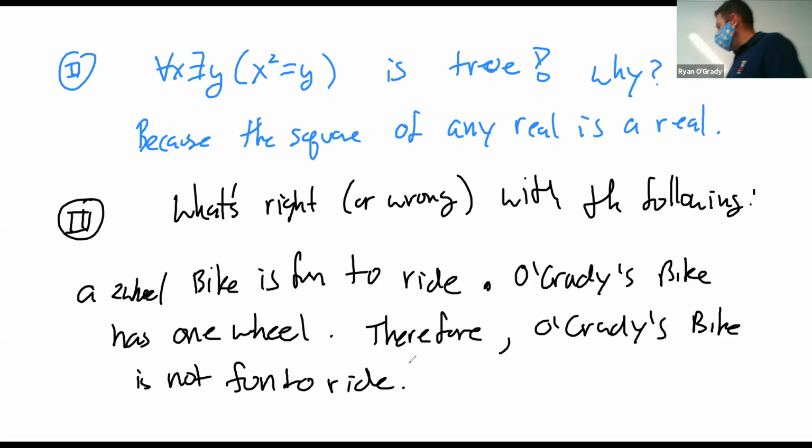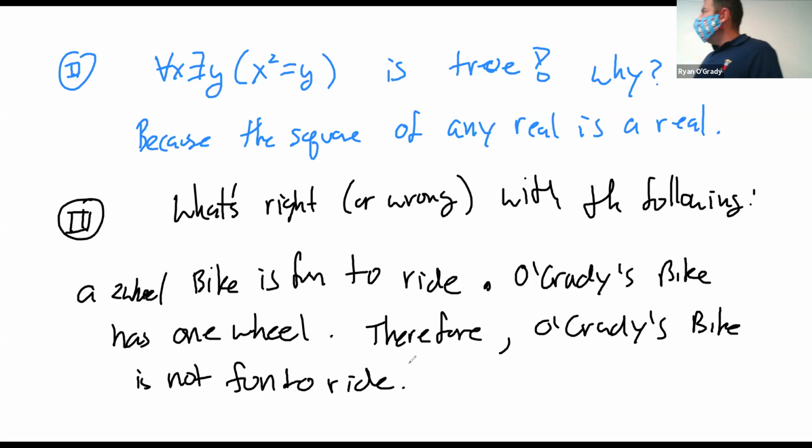So let's think about the reasoning in here. Is the conclusion that my bike is not fun, can that be deduced from the previous 2 sentences? No. You cannot deduce that it's not fun to ride just because it only has 1 wheel.